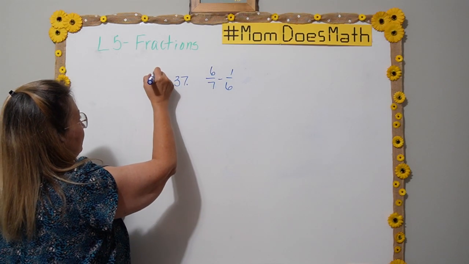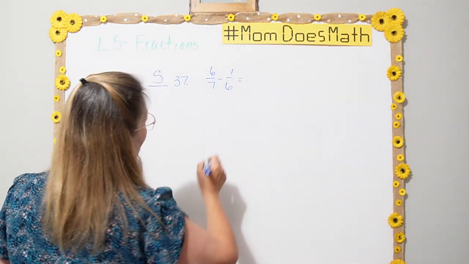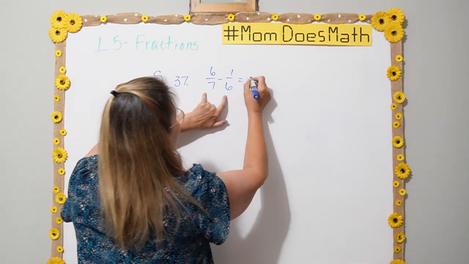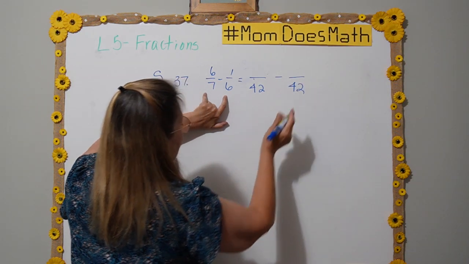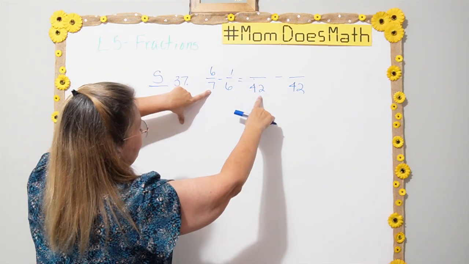Okay, number 37 is a subtraction problem, and we're already in fraction form, so let's get a greatest common factor. Now between 6 and 7, experience tells me that I'm just going to have to go ahead with 42, 6 times 7. All right, what did you multiply 7 by to get the new denominator?